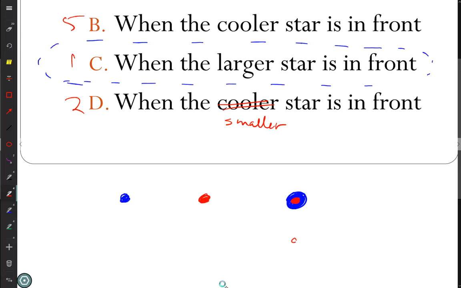Or we can compare that to here's the red one in back and the blue one in front. In which case am I seeing more light there? Okay, I should back up. If I have the same surface area, which is going to give off more light from that surface area? The red one that's cool or the blue one that's hot?